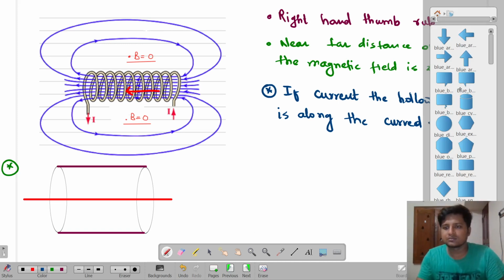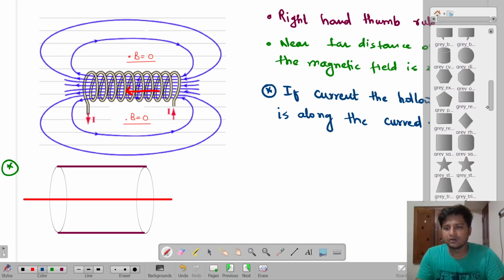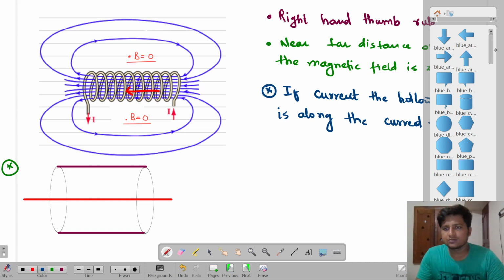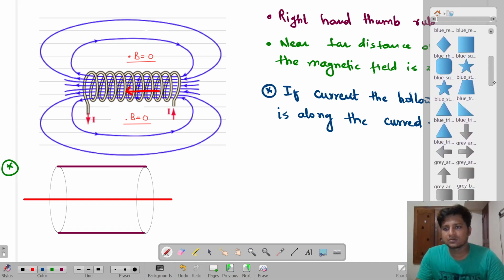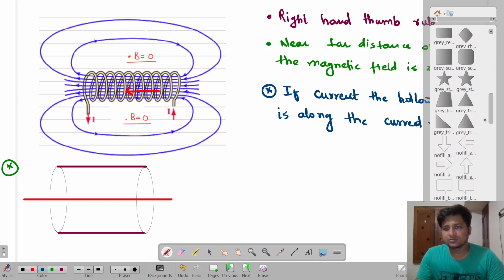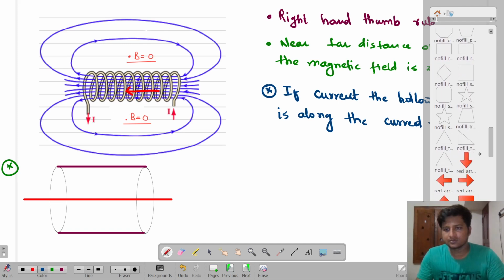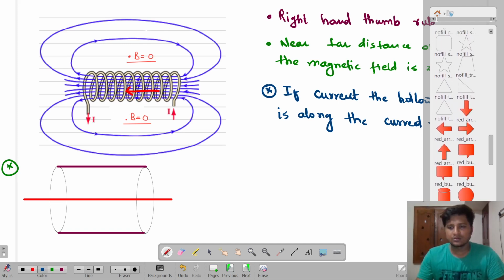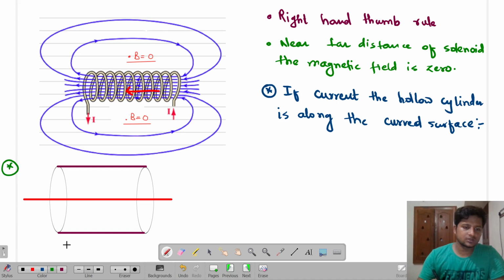I think there is no curved arrow. Okay, so let me draw. Let's suppose the current is flowing this way along this curved surface. Right or not? Got it.